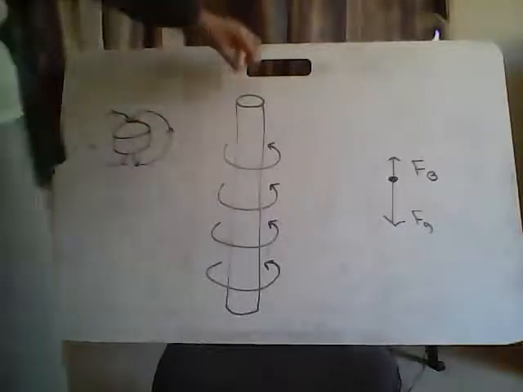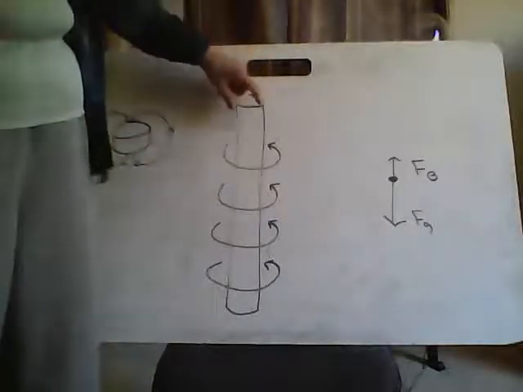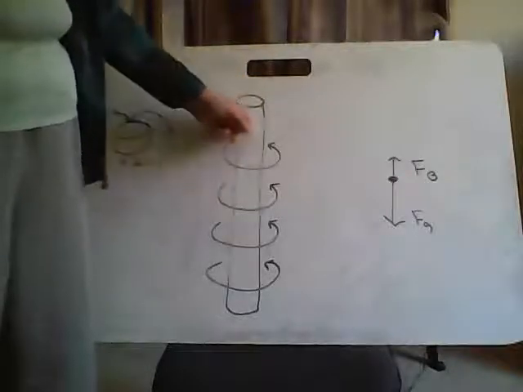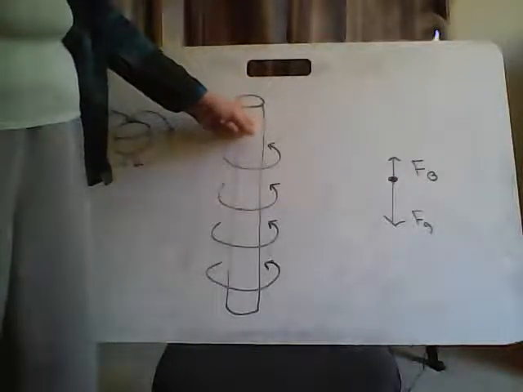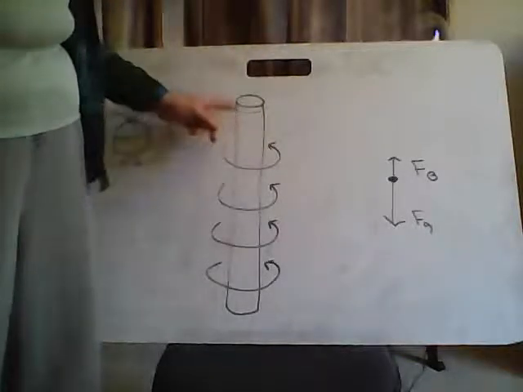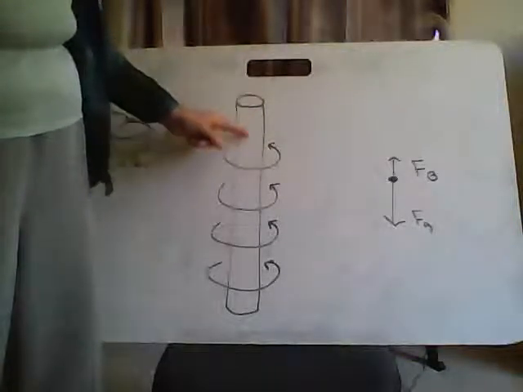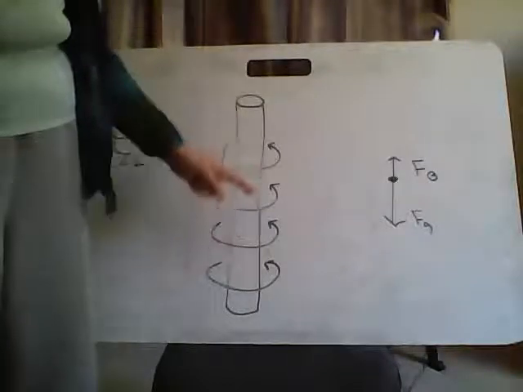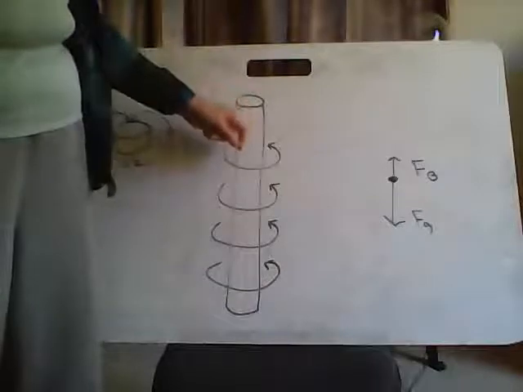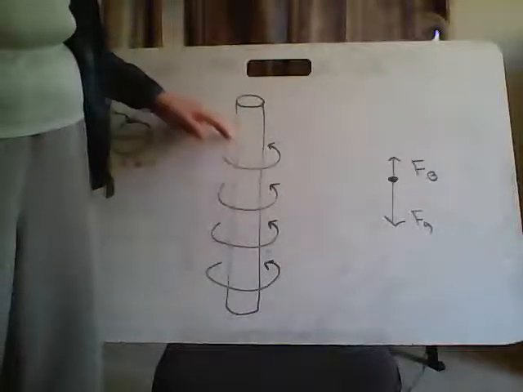So as I drop it down the tube, that magnetic field that is changing, we said that this was copper. You know that copper is a really good conductor of electricity. So as that magnet is falling down the tube, the magnetic field is changing, and that is inducing an electric field.